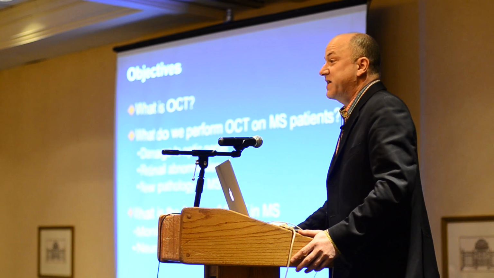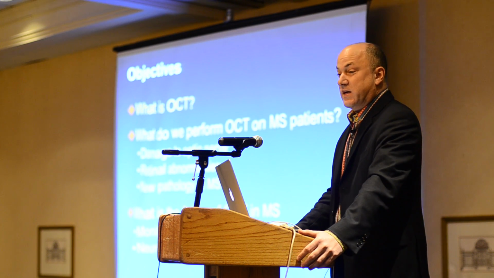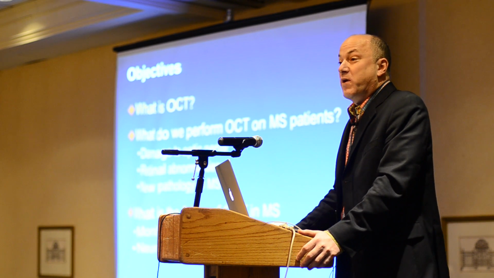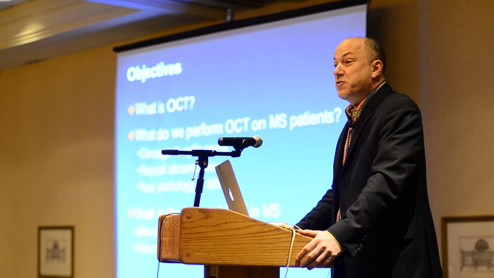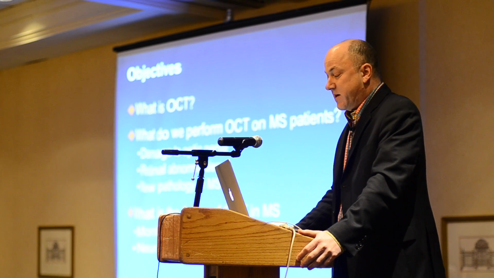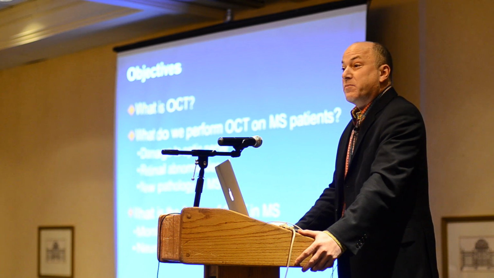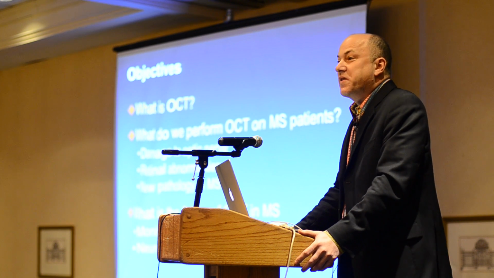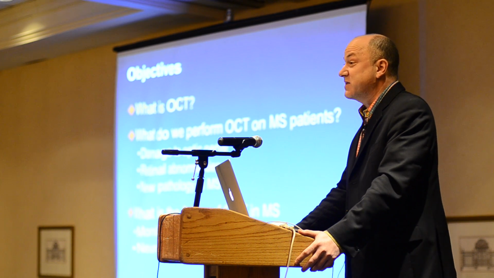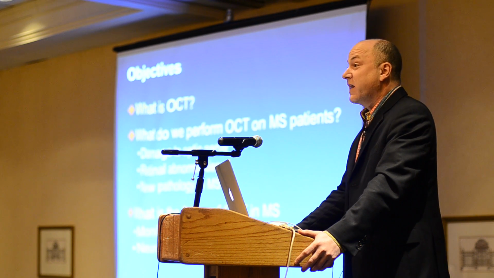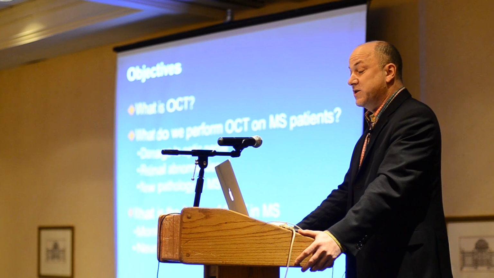One is to evaluate damage to the optic nerve. The second is to evaluate retinal abnormalities, which you'll hear about are associated with MS therapies, and potentially to detect new pathologies that are evident in the eyes of MS patients that may help us clarify different subsets of patients.